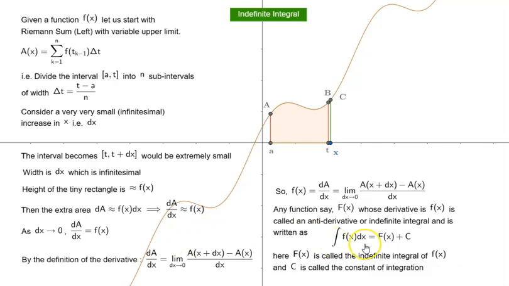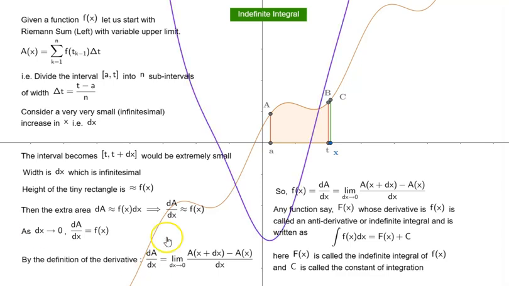Now, this capital F of x, that is the integral, is also a function. So which means we can plot it. When we plot it, we get something like this.